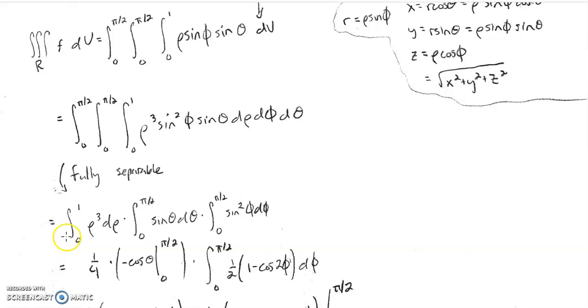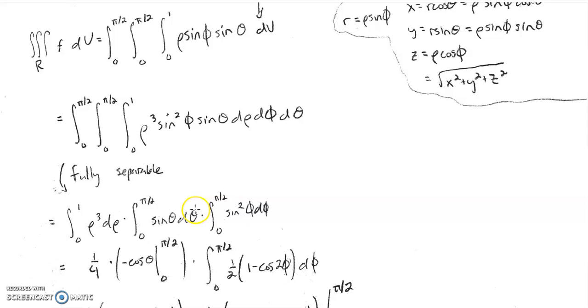This is the same as the integral from 0 to 1 of rho cubed d rho times the integral from 0 to pi over 2 of sine theta d theta, and then the integral from 0 to pi over 2 of sine squared phi d phi.